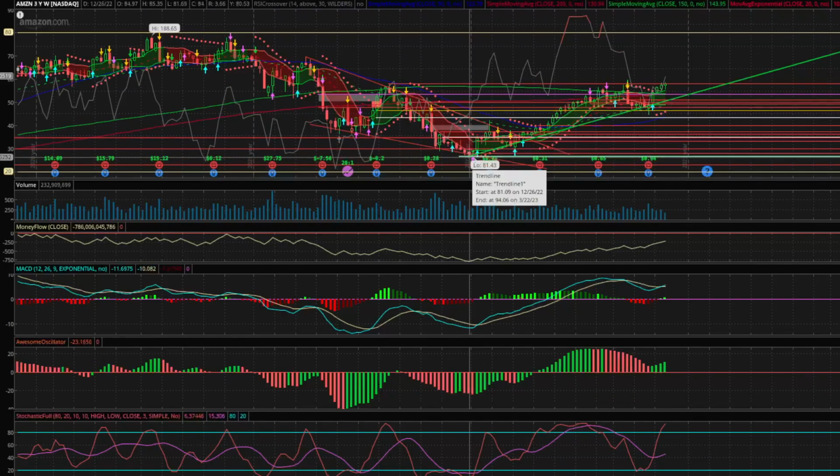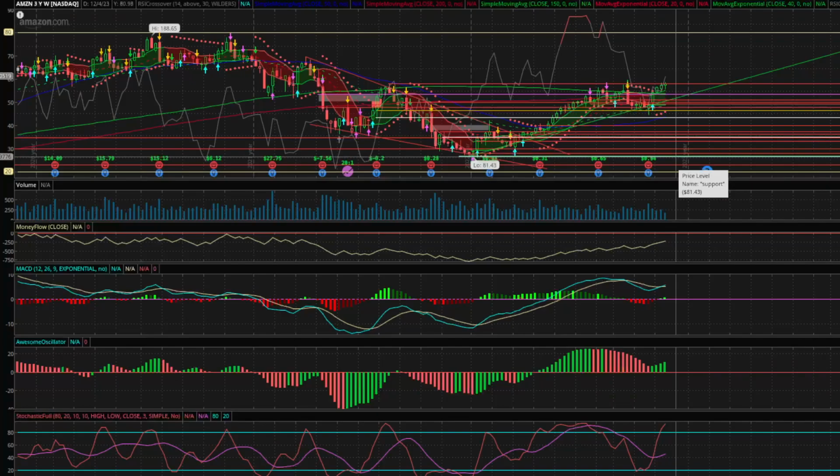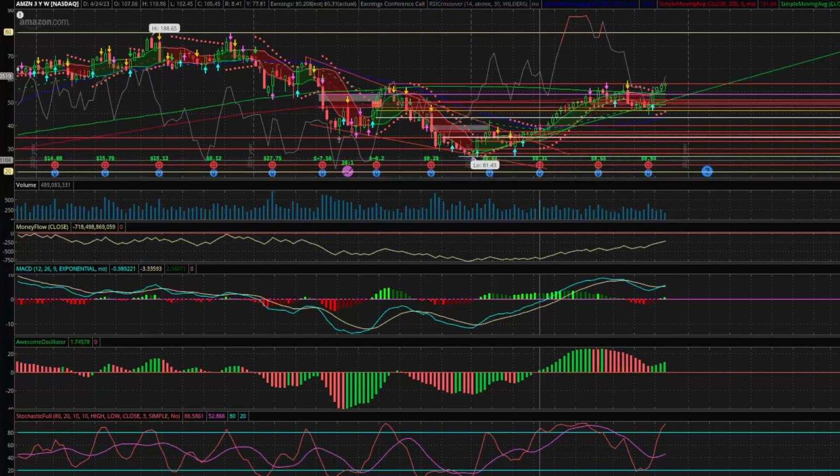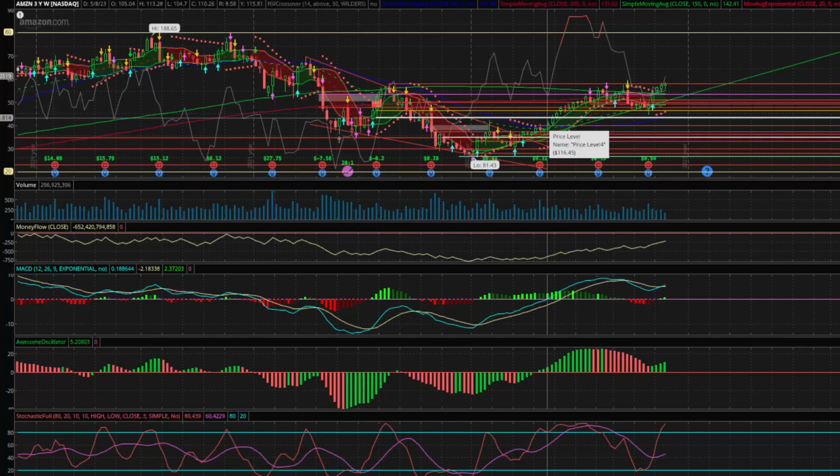You will likely be as sad as I am, because I owned Amazon down here at that green line at $81.43 or so. I had bought it at that green line, and I had a nice run up, sold it somewhere in between. Probably should have kept it. We will see later if I made the right choice or not.